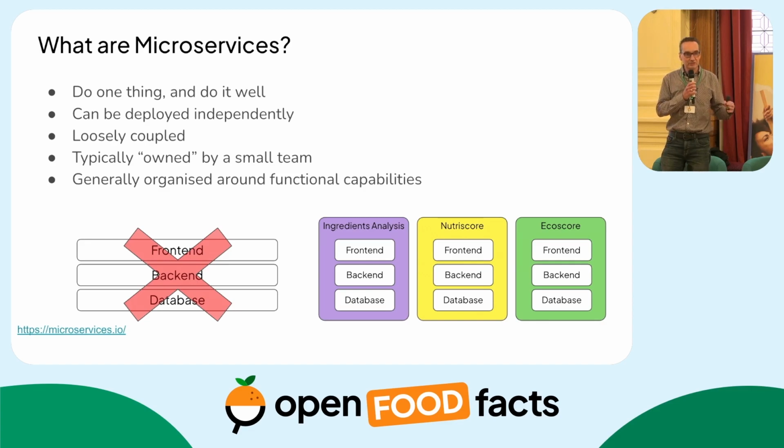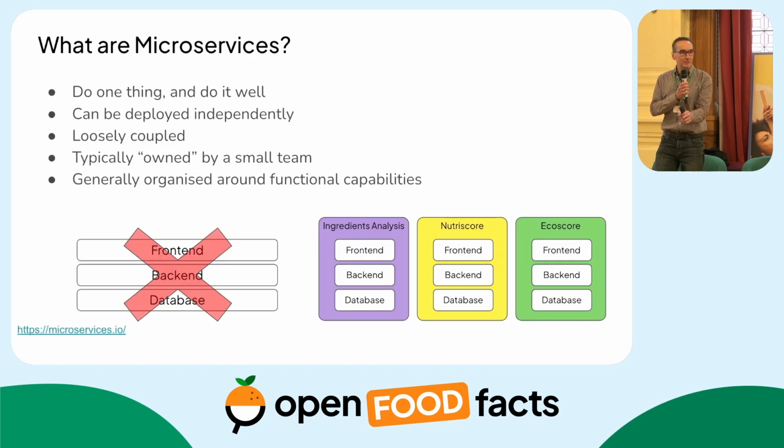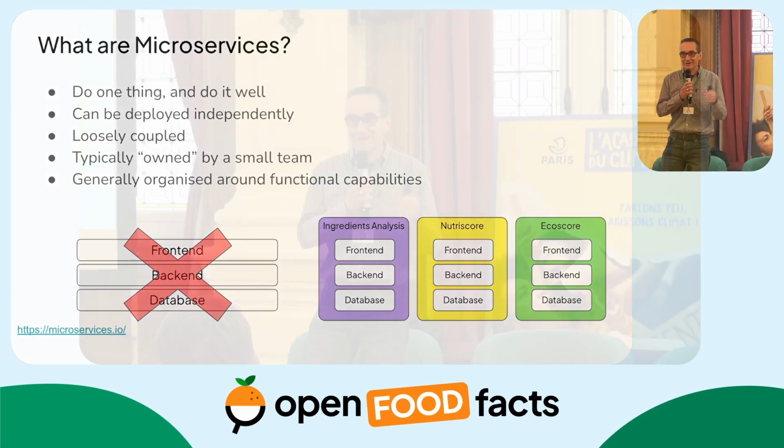So the microservice approach basically says, let's just break the system up and do the whole thing for each individual domain. So ingredients analysis, Nutri-Score, and this allows us to focus on what interests us and maybe use the right technology for the job. So for the product database, that needs to be very open.